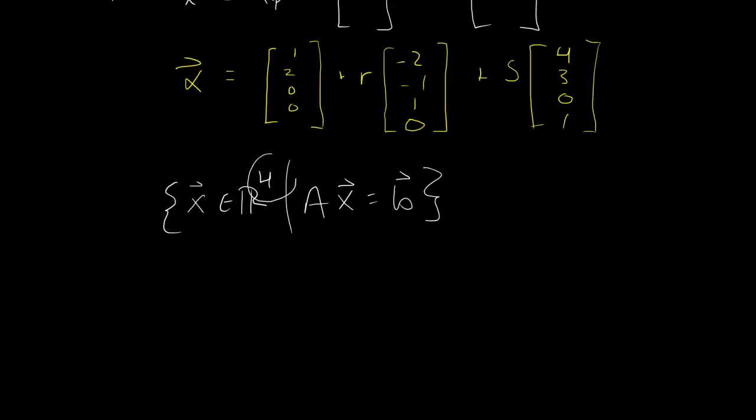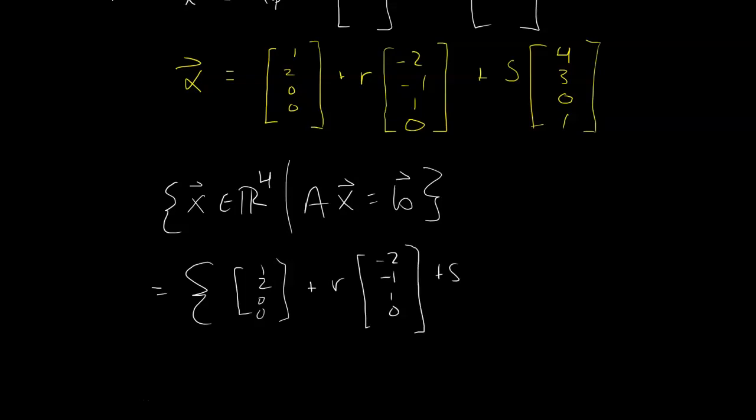The only thing you'd have to look for is how many elements x has. In this case, that solution set can be given as, I'm just rewriting our vectors here, 1, 2, 0, 0. You can add to that the parameter r with a -2, -1, 1, 0, plus the parameter s, which is 4, 3, 0, 1.